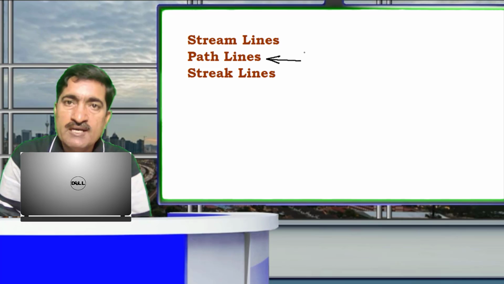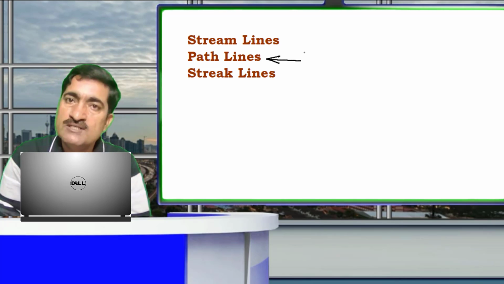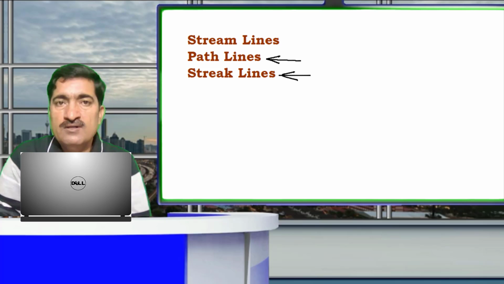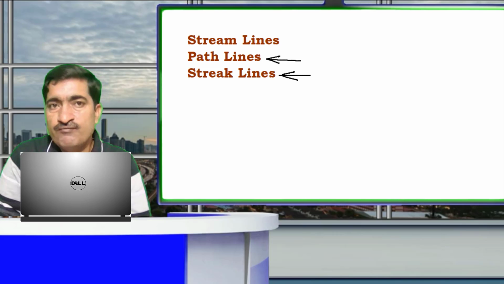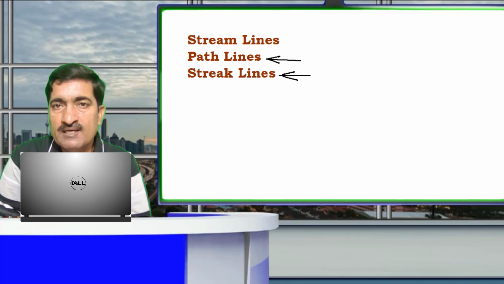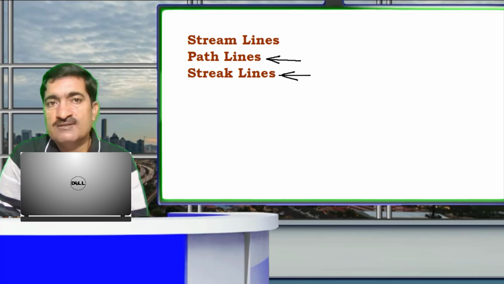Path line shows the direction of velocity of particle at successive instants of time. In steady flow, path line and streamlines will be identical, and the streak lines provide an instantaneous picture of the particles which have passed through a given point, like the injection point of a dye in a flow. In steady flow, these lines will also coincide with streamlines.